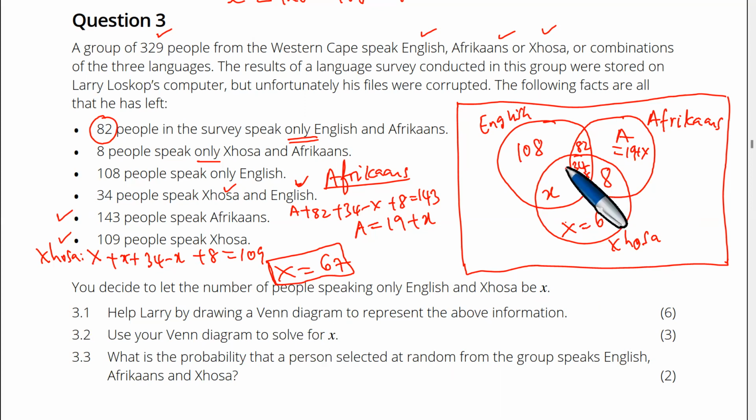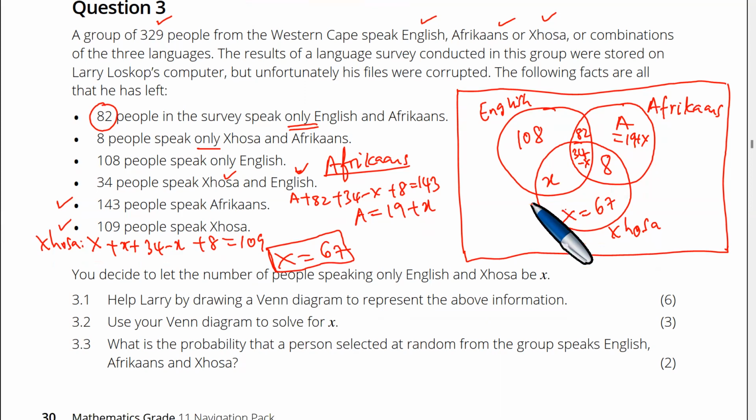So we have helped Larry, we have drawn a Venn diagram to represent the above information. And moreover, now after we have drawn this Venn diagram, here is 3.2. 3.2 says use your Venn diagram to solve for x. Where is x? Here it is. 3.2.